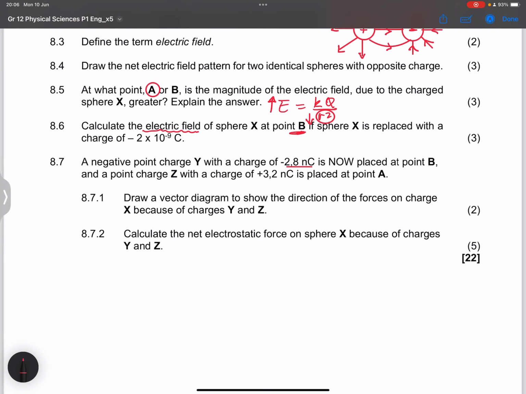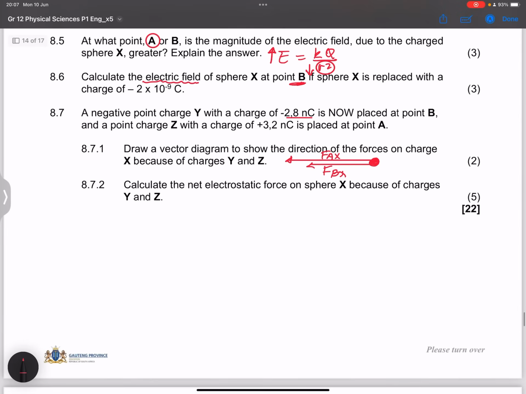So we did that, showing the two forces. So this is the force of A on X. This is the force of B on X. Okay, right, so that's how our vector diagram would look like, showing us that they are going in the same direction.